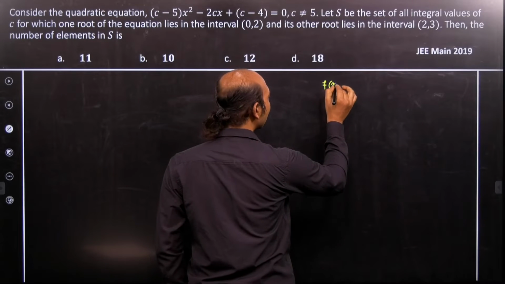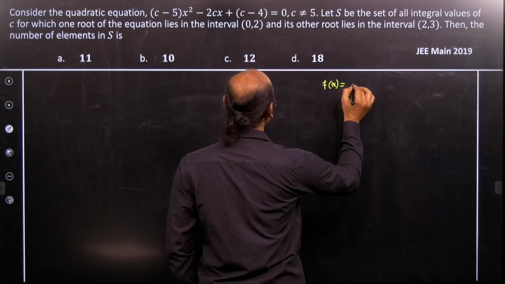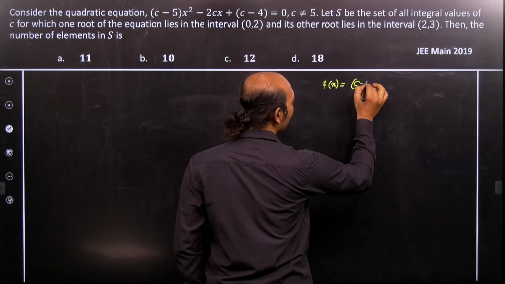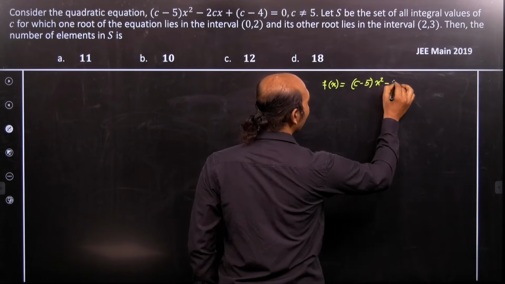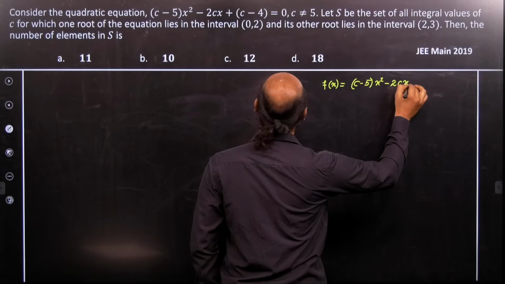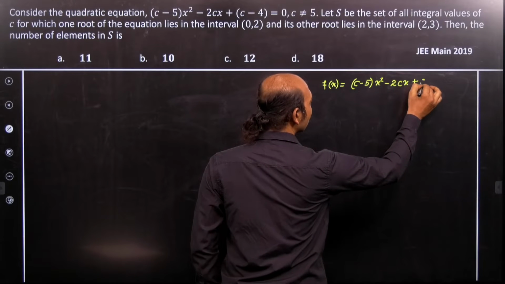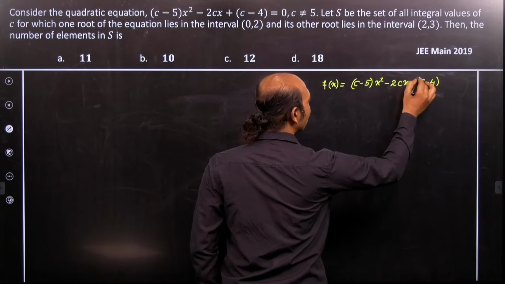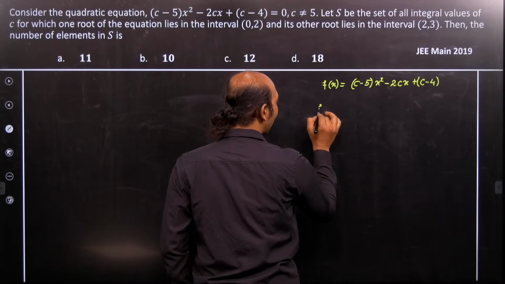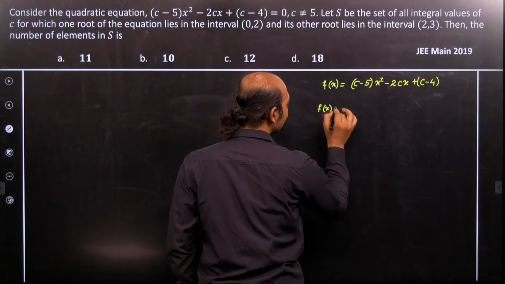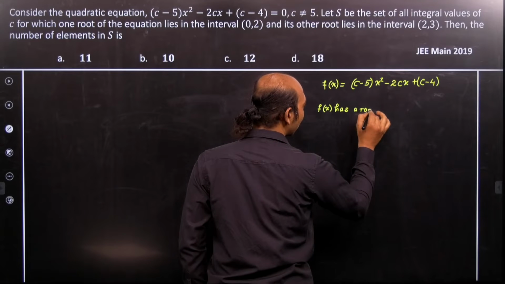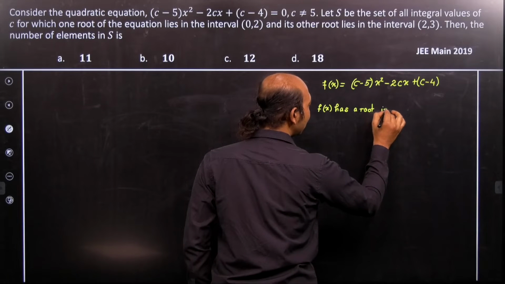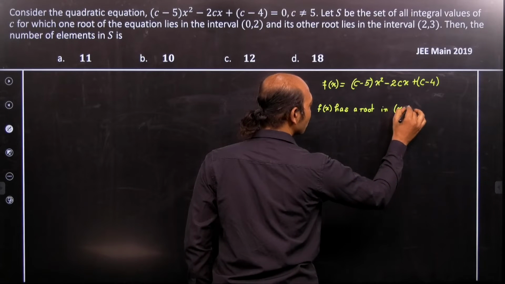So if I consider the function as f(x), it's given as (6 minus 5x) x square, and obviously we have minus 2cx plus c minus 4. So that definitely gives me the function. Now we have to recall that if f(x) has a root in a given interval alpha and beta, it may be open, may be closed, whatever.